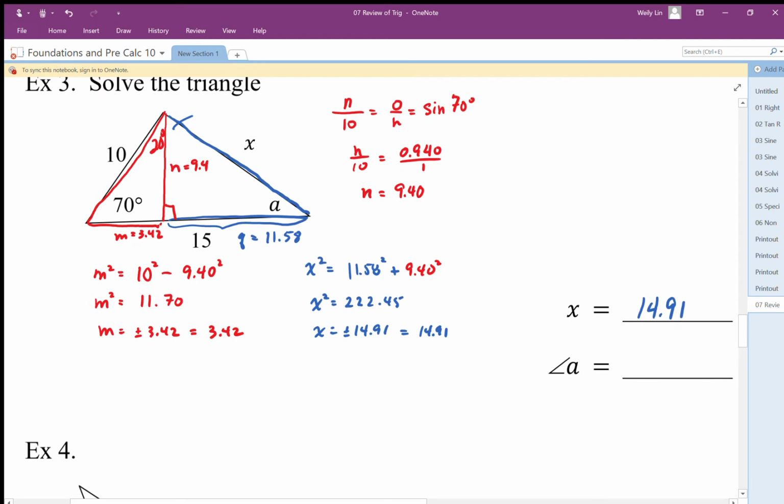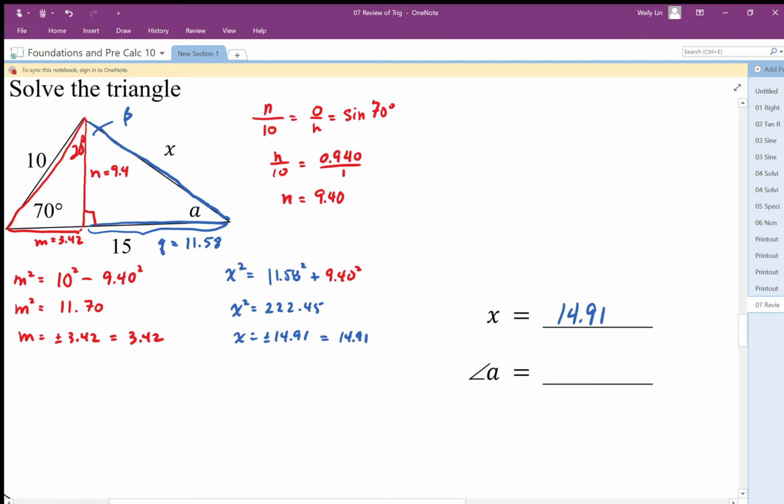I now need to solve for this angle in here, which I'll call beta, because we want the whole angle, which we'll call B. So for angle A, we can use two sides of that right triangle, N and Q. That's rise over run, so that's tan.